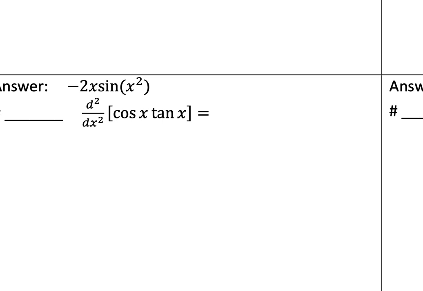Okay, next one, they want us to do the second derivative, but we're gonna be smart. So this is cosine x times sine over cosine. Before we take the derivative, this notation is the second derivative. We're going to change tan to sine over cosine.